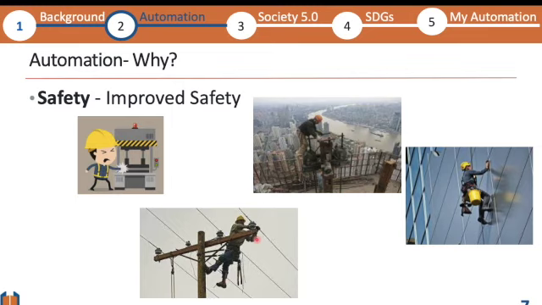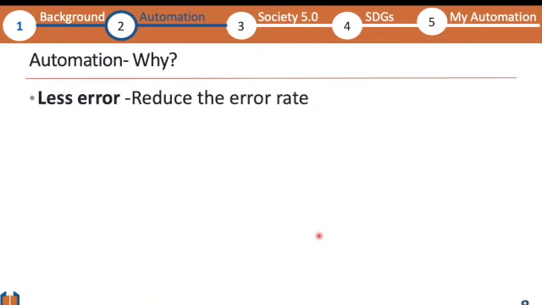This is very risky for human beings, but the machine can do it because we don't care about the life of the machine. So another important reason is safety, which saves a lot of human lives because we have automation. Last but not least is less error. Of course, the machine has fewer errors than the human being.